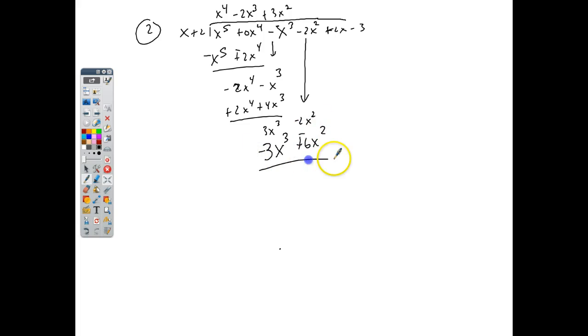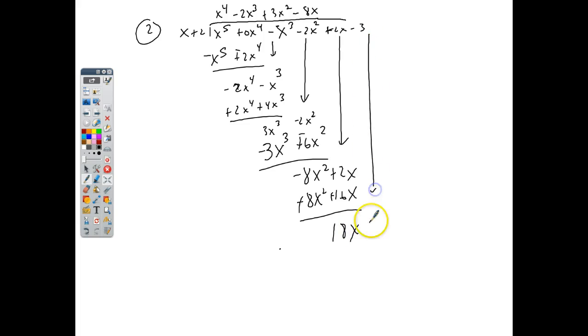Minus minus, before something bad happens, I get negative 8x squared. Bring down my plus 2x. What times x gives me negative 8x squared? Negative 8x. I get negative 8x squared minus 16x. Change the signs before something awful happens.